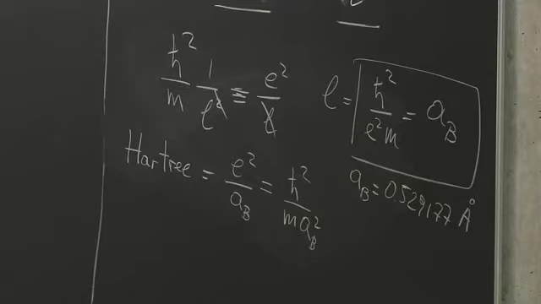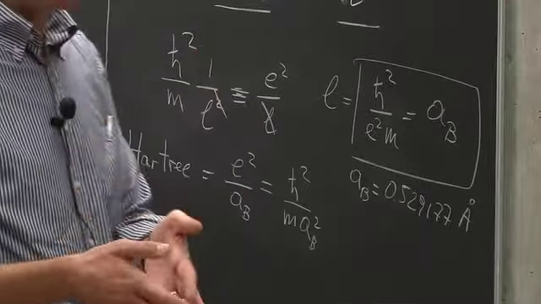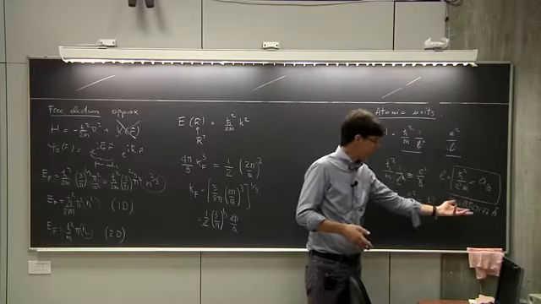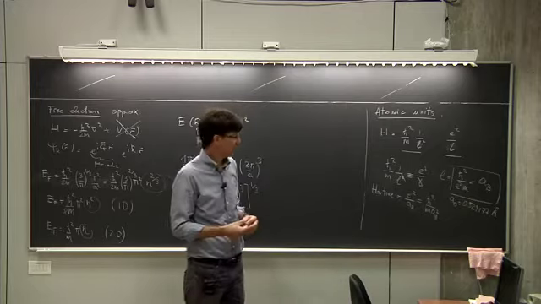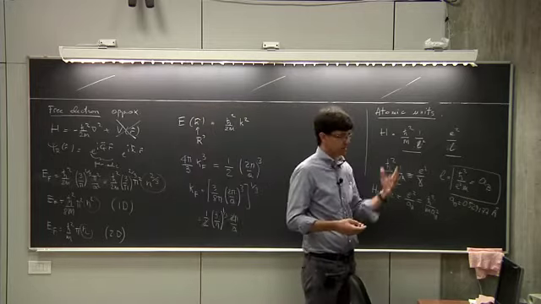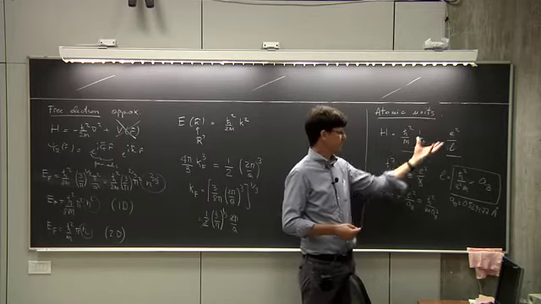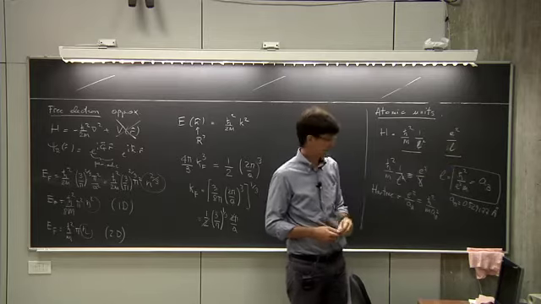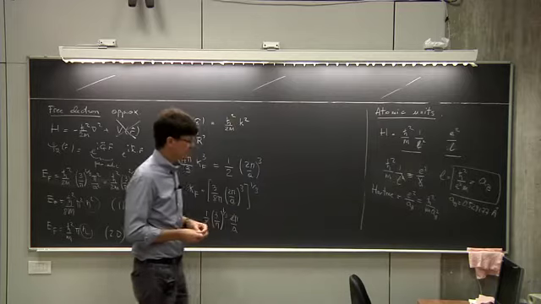It is also, within some numerical factor, the typical distances between atoms in solids, right? Atoms in solids are not meters far away. They're not picometers far away. They are roughly angstroms far away. That's naturally a consequence of the fact that the Hamiltonian that governs the behavior of atoms in solids is a Hamiltonian that is made of a kinetic energy term and a Coulomb part. And therefore, the natural scale of length must be in the angstrom range.